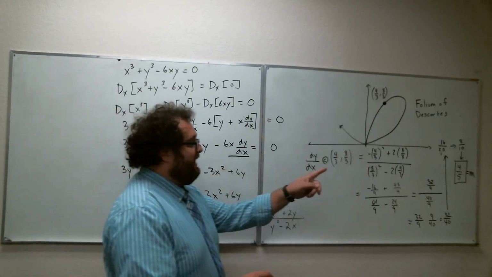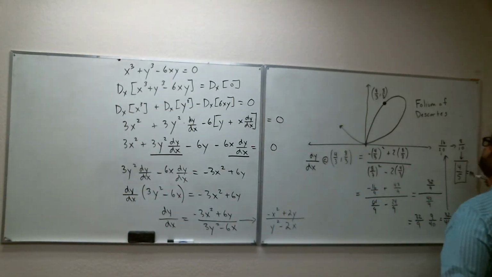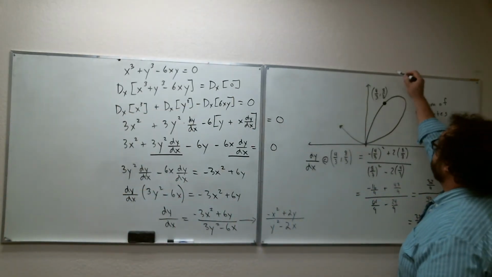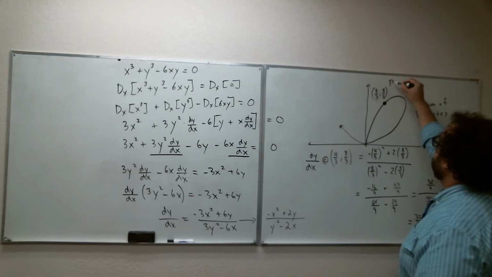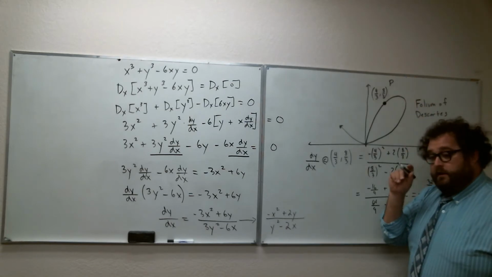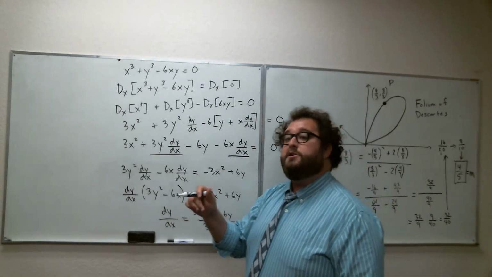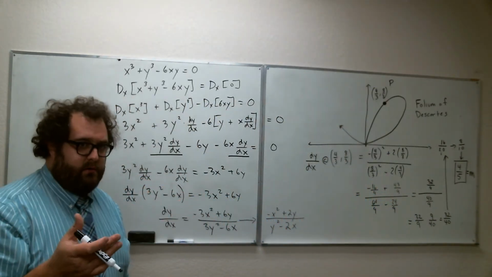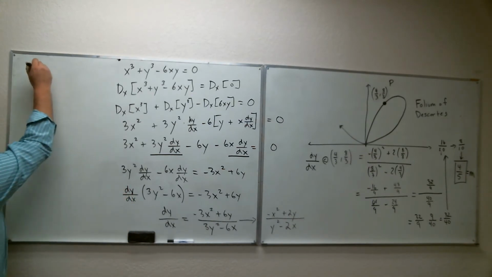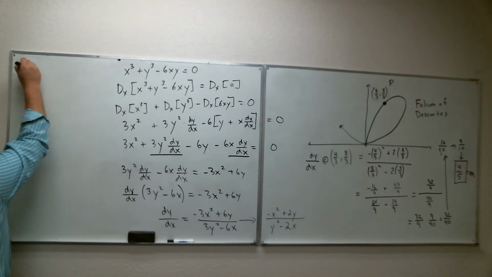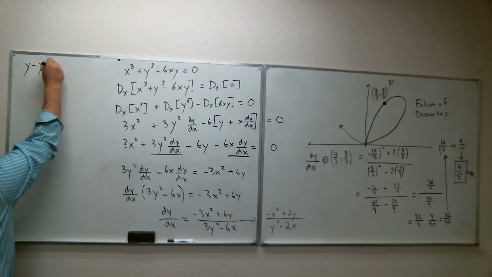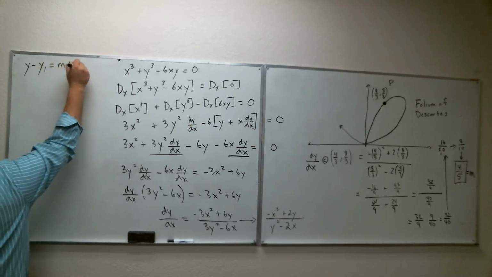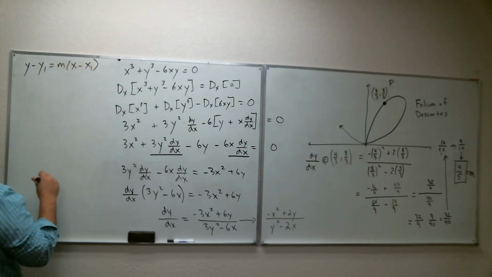So once we have a slope m and we have a point, we can call it P, we can easily find the equation of the tangent line at P by simply doing a little bit of algebra. Remember, we have point slope form, which is y minus y1 equals m times x minus x1.